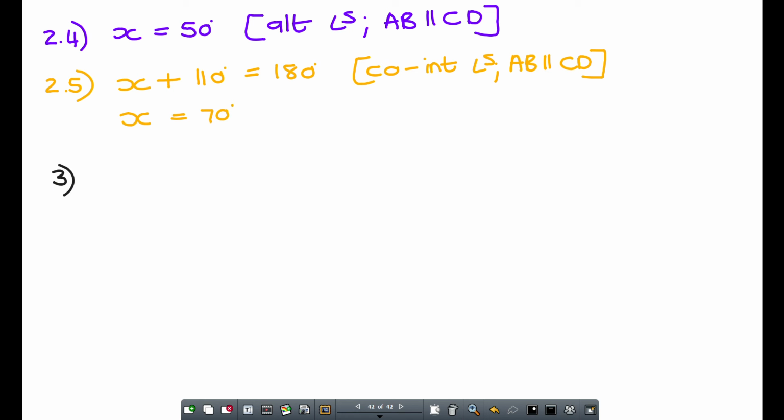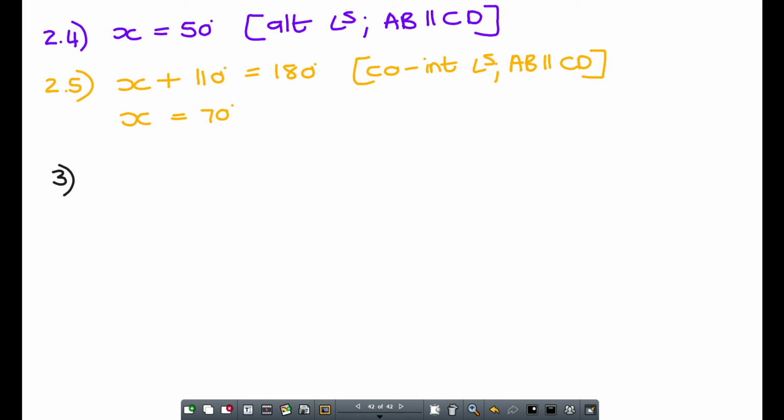Now the last one was a pretty big question, 10 marks. It says solve W, X, and Y and give reasons for all of them. So let's start with W. I saw a Z there because you would see that AB is parallel to CD.